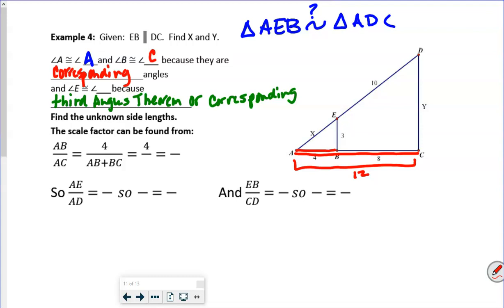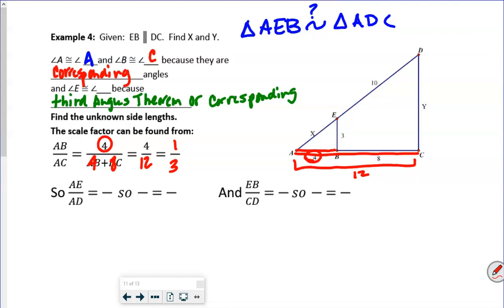So 4 is the length of AB. 4 plus 8, which is what? 12. And then that reduces to be 1/3. Agreed? 4 goes into 12 3 times, okay? Now, here's the rub. We should get the same ratio for all of them, okay?